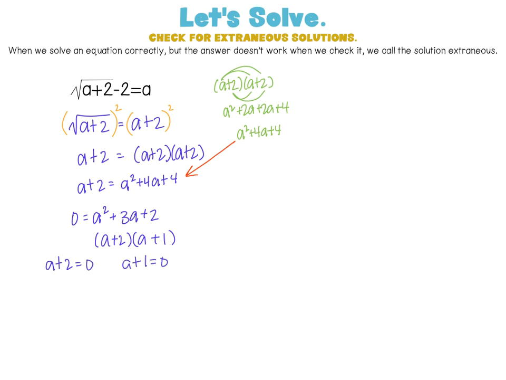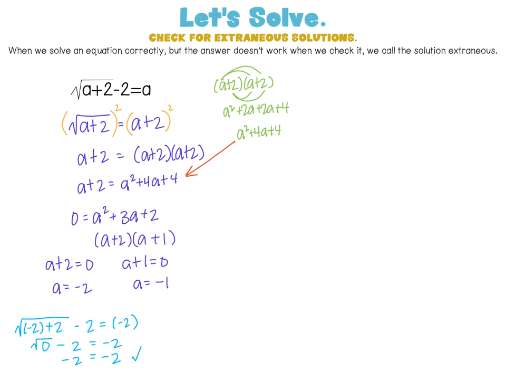Now I can get a alone here by subtracting 2 and subtracting 1. Typically, we would stop here. But what I want you to do is actually take these answers, plug them back into the original equation, and see if they actually worked. So I took -2 and plugged it in everywhere I saw a. And in the end, I got -2 equals -2.